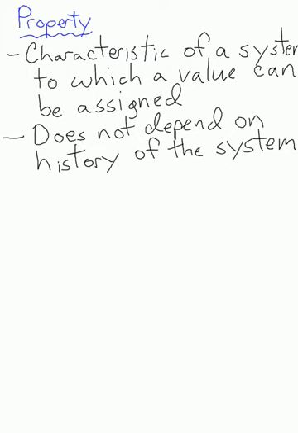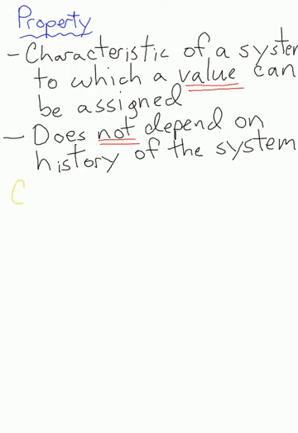In order to describe the temperature currently, all you need to know is what the temperature is right now. So we say that that property does not depend on the history of the system. The two phrases you can use to remember the keys to a property are that it is quantifiable and that it's instantaneous. It only matters what is going on right now. It does not really matter what the history of the system is.